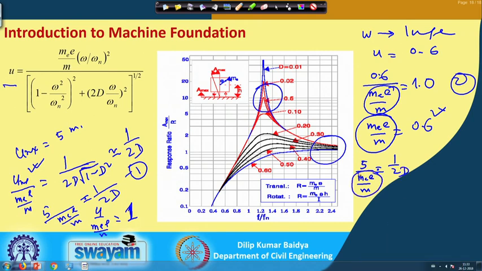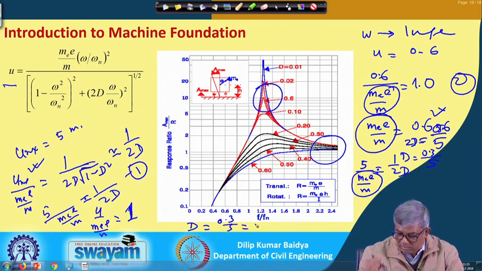If I put this equal to 0.6, then 2d will be equal to 0.6 divided by 5, or d equal to 0.3 divided by 5. If I calculate, that becomes 0.06, that means 6%.